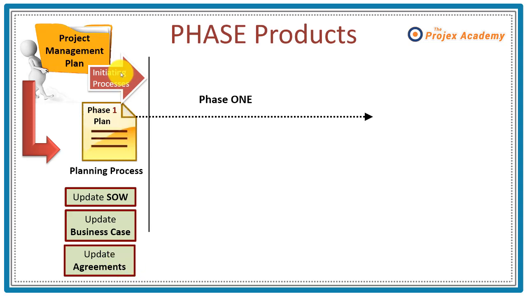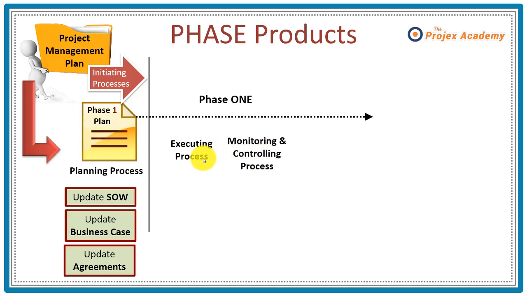Now, the other process that's within the initiating process group is called Identify Stakeholders. And you should be checking here to see if within this phase there are any new or modified stakeholders involved. Those involved within the project team themselves may also be changed. Having done that, we're now into the executing process, which I won't go into any detail in this video, and then the monitoring and controlling process.